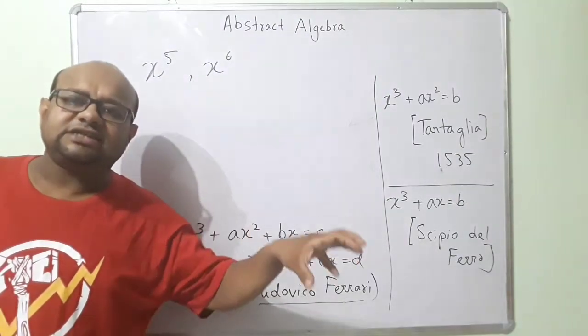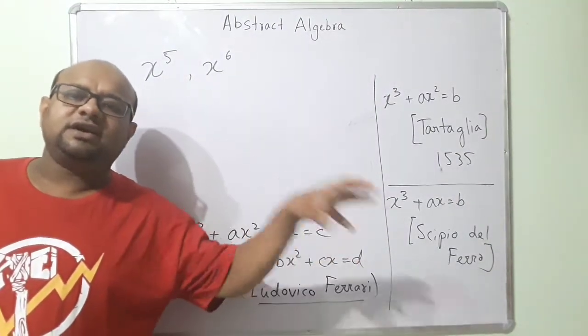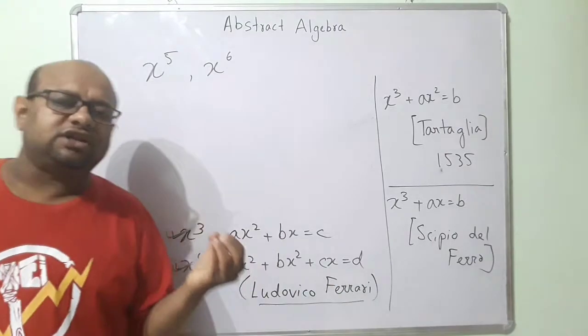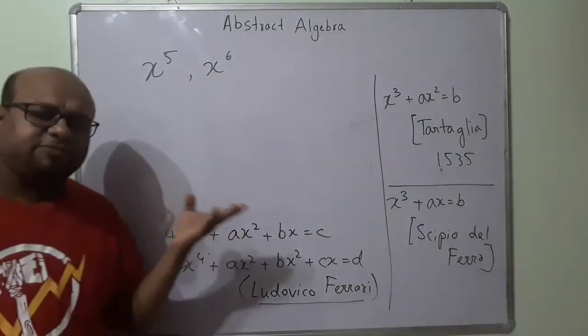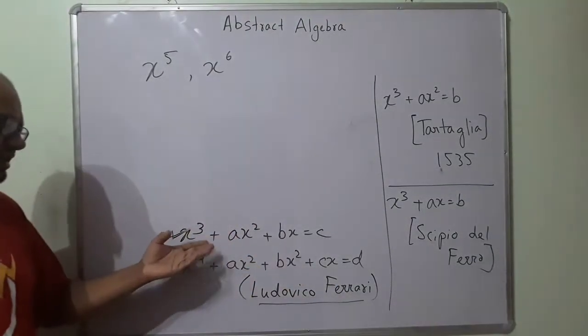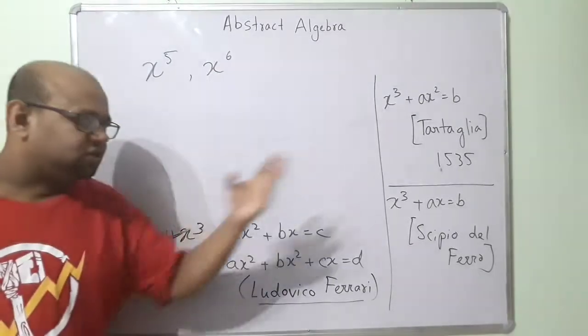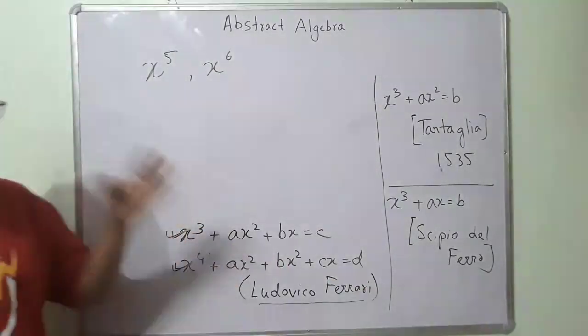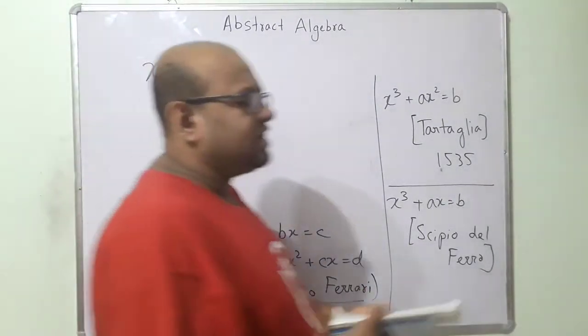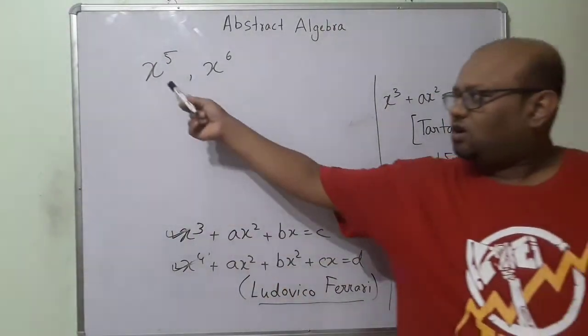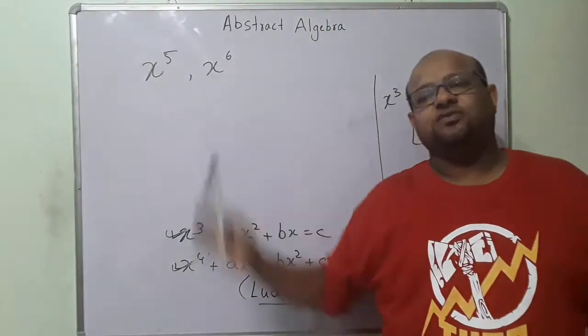If I place the various coefficients in that formula, I will get the solution. People got a formula for this equation, and for this kind of equation. Now people were interested in knowing if we can get a formula for equations with these higher powers.